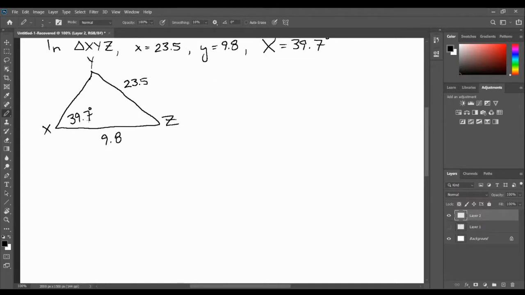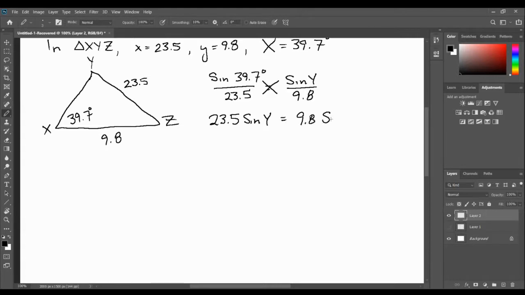So once again, I need an angle and the side opposite it for this to work. So sine of the 39.7 degrees over 23.5 equals the sine of y over 9.8. So we've got a proportion. I can just cross multiply: 23.5 sine y equals 9.8 sine 39.7 degrees.